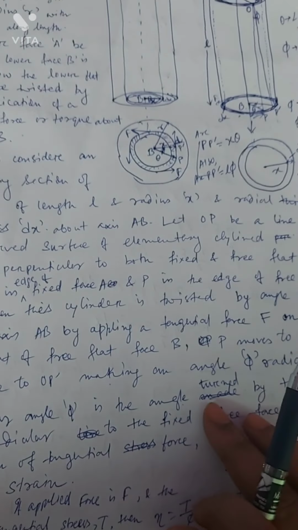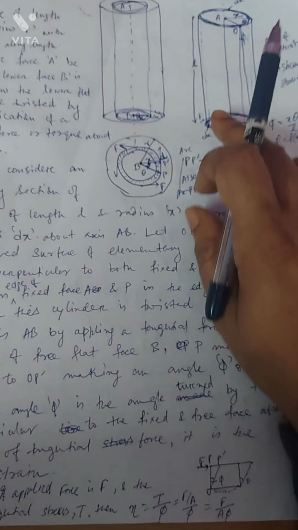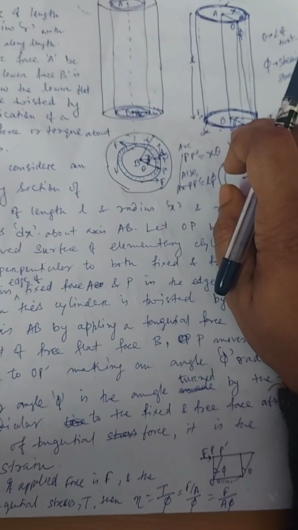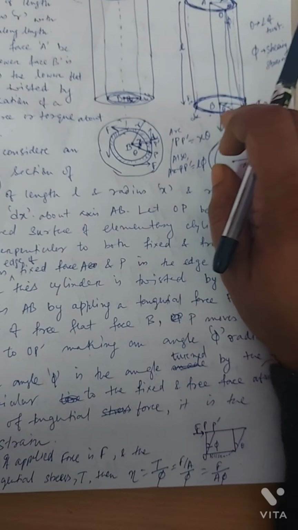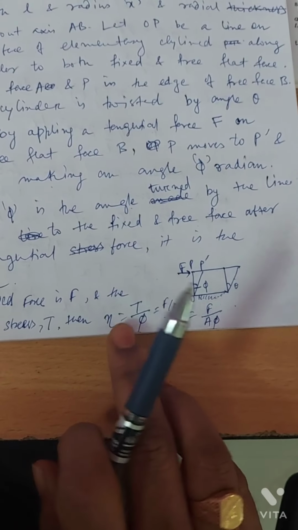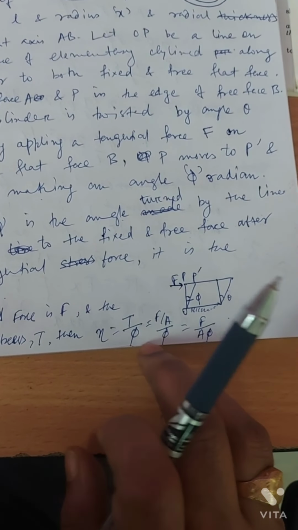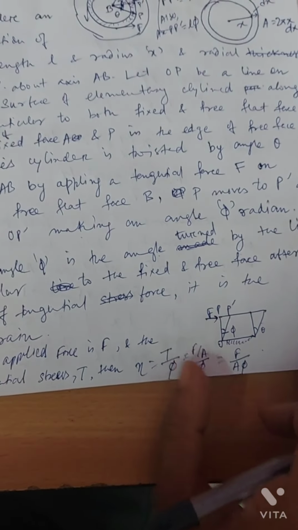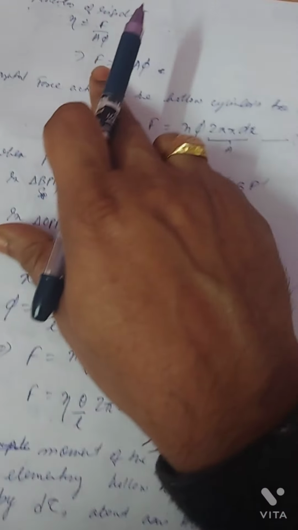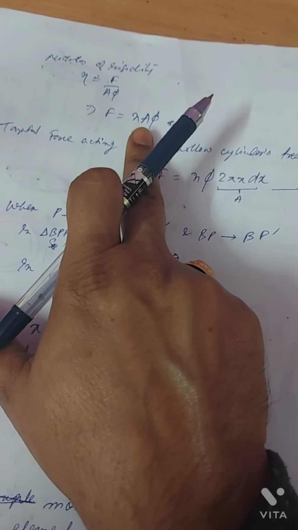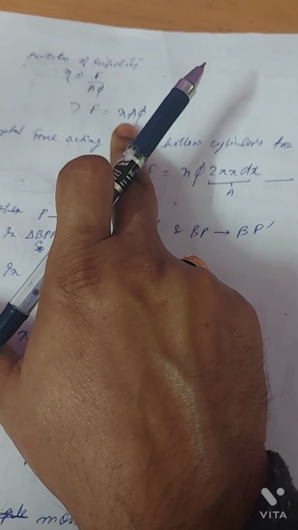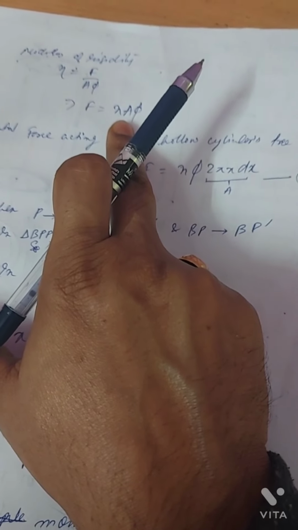After that we estimated the force applied in terms of the modulus of rigidity. The modulus of rigidity was given by stress by strain, so from this we got the force, which was found to be eta A times the shearing strain. This area was the area of the hollow cylinder, not the actual solid cylinder.